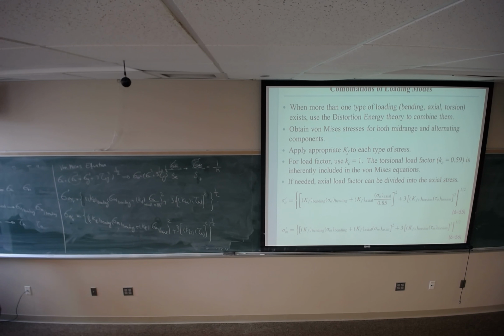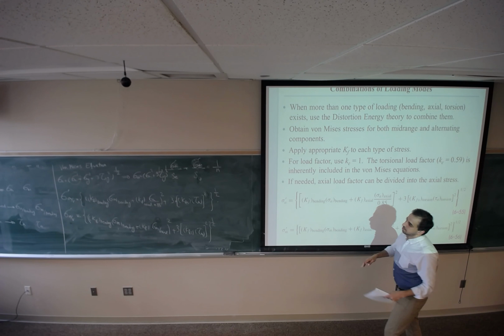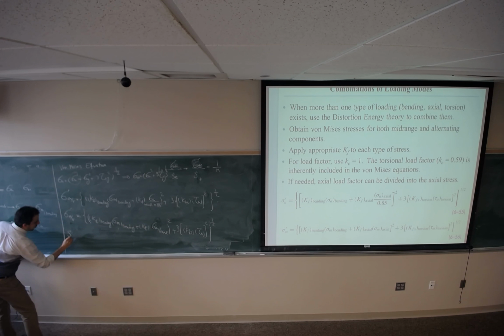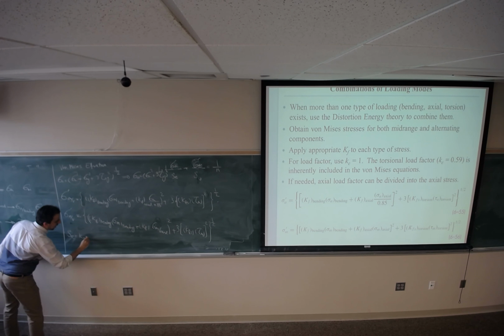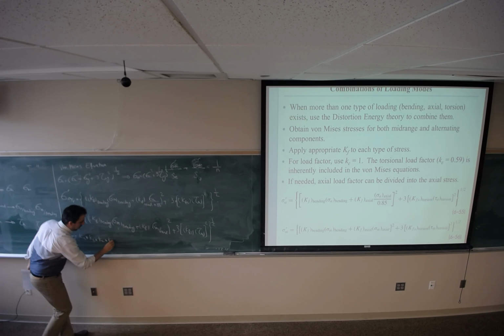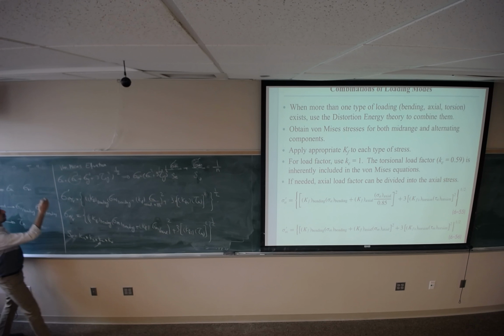So now you find sigma prime A and sigma prime M. For example, you want to apply the Goodman. The Goodman, one of the factors is the load factor. Load factor, we have a combination of the loads, axial, bending, and the torsion.